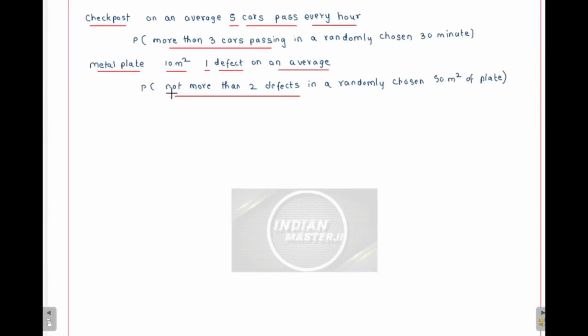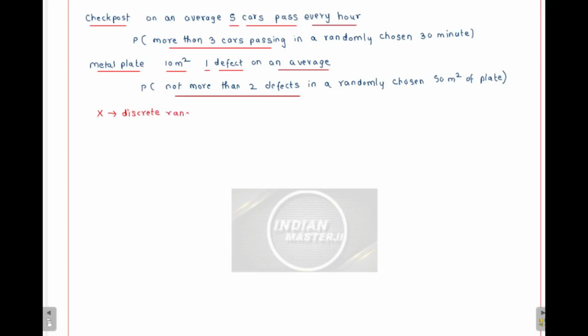Now we can represent this number of occurrences with a random variable. Suppose x is the random variable. It is a discrete random variable, because we are talking about the number of occurrences.